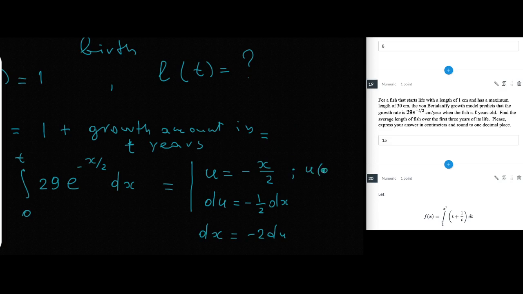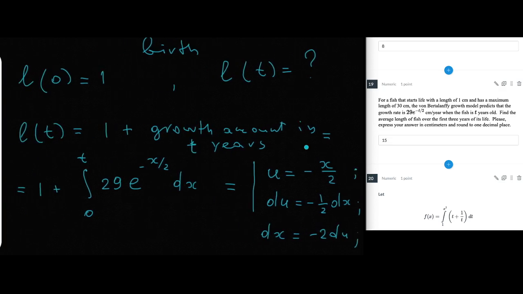When x is 0, u is going to be negative 0/2. That's also 0. When x is t, we're going to get that u is negative t/2. Right? Okay, so now I have everything ready to make our substitution.